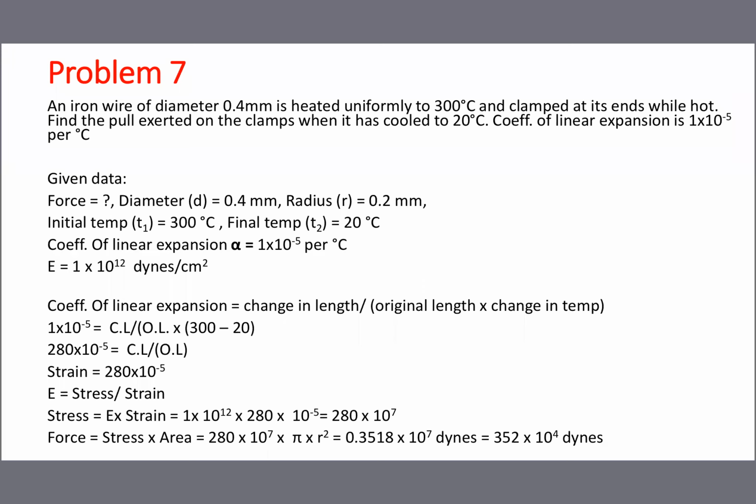I think you are having this doubt about the original length. After the heated condition, the rod is clamped. That length you assume as the original length. After removing the heat, the metal tries to shrink, and at that time a lot of force will come into the clamp and try to break the clamp. So the final length becomes less. The original length is after heating only, clamped at both ends.